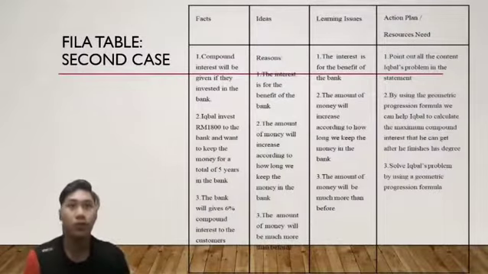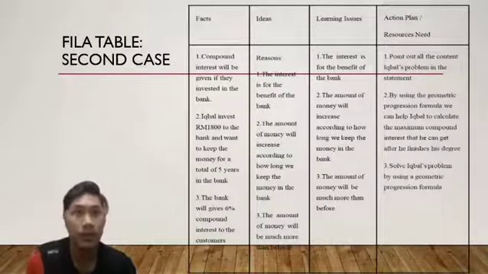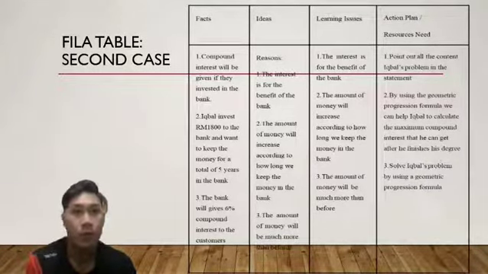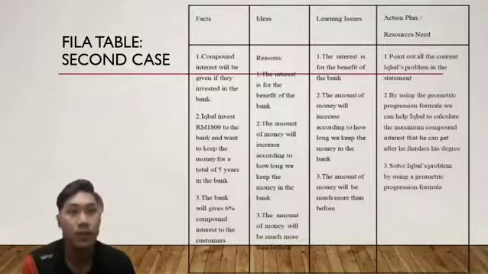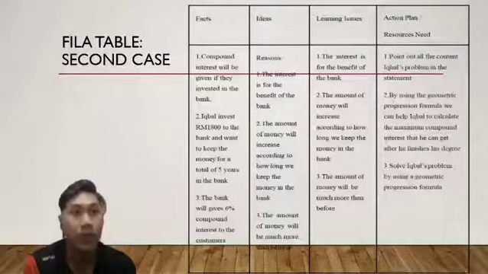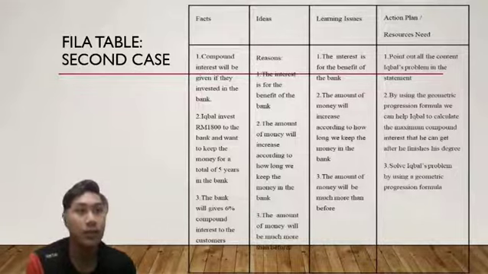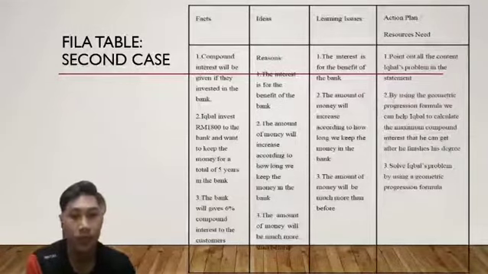Now for the PBL table, second case. First, compound interest will be given if they invest in the bank. Reasons: the interest is for the benefit of the bank. Any issues: the interest is for the benefit of the bank. Action plan: point out all the content of Iqbal's problem in the statement.